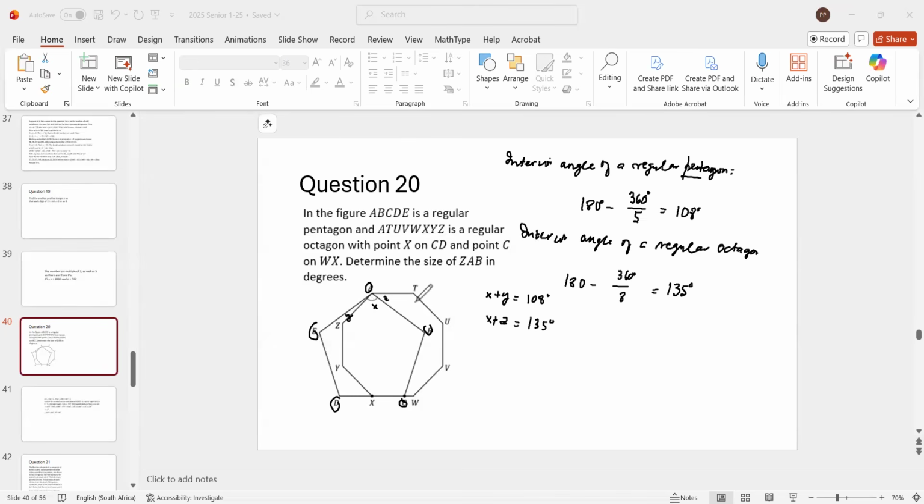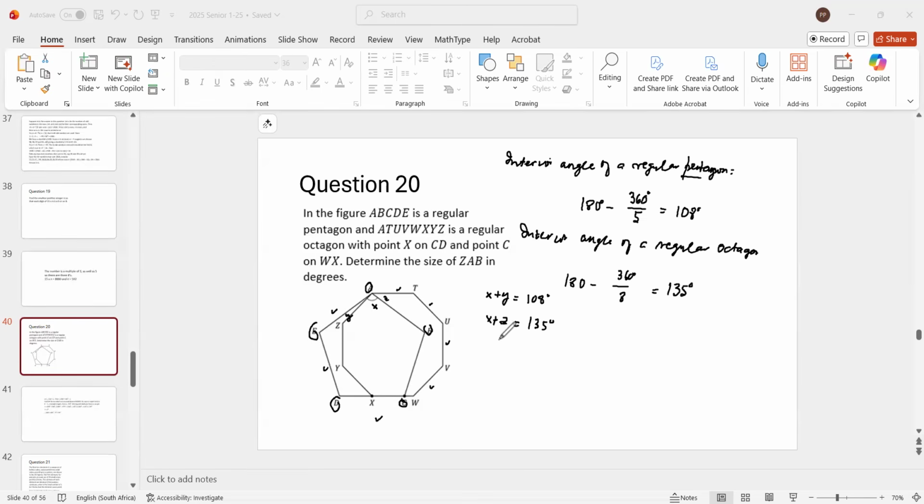Now we know all the other angles, T, U, W, B, all these angles. And we've got an outside figure which has 1, 2, 3, 4, 5, 6, 7. So this outside polygon has 7 angles in it.